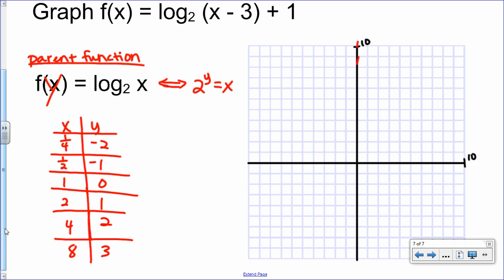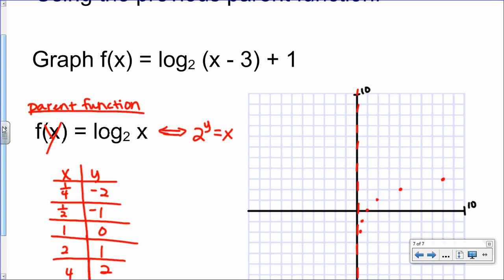For the parent function, I have a vertical asymptote at x equals 0, and I have these points. Once I have those, let me go back to what I just started with.